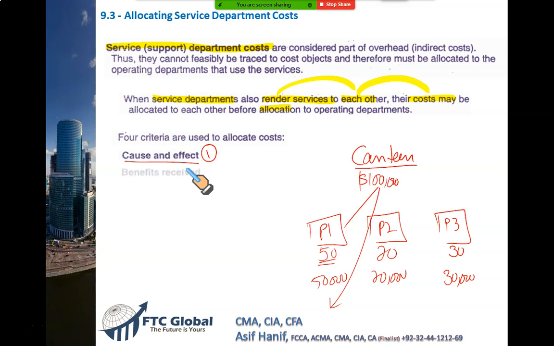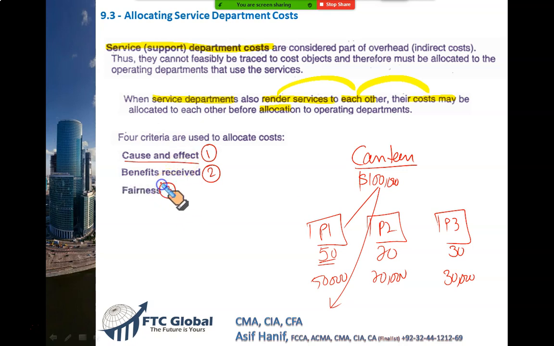So then the second criteria could be benefit received. If you receive more benefit from canteen, you should be charged with more cost. If you take less benefit from canteen, you should be charged with less cost. Very simple idea. So this is the second criteria. Sometimes if it is not possible to use the benefit received, then the third criteria we use is fairness.